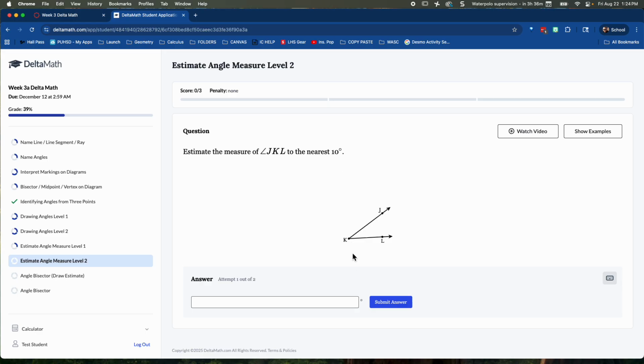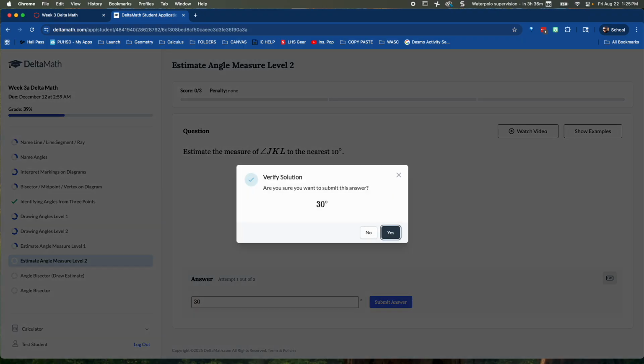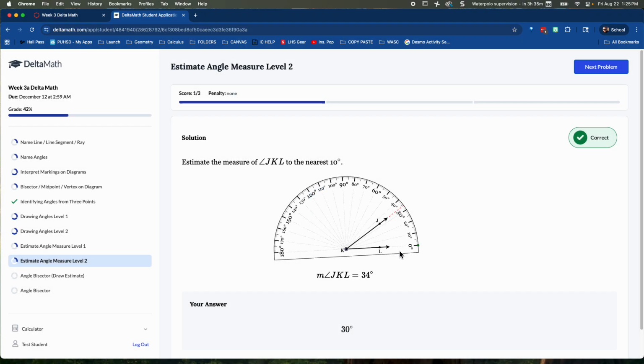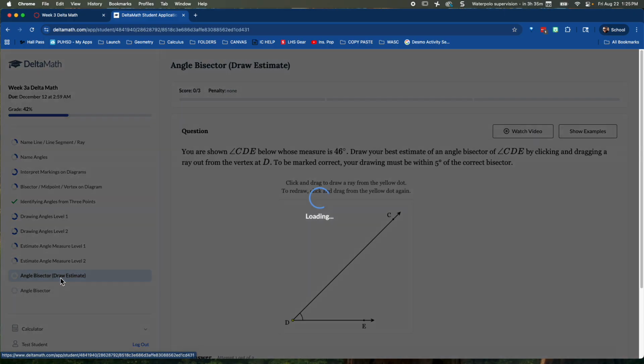So 90 degrees would be perpendicular. Halfway to 90 degrees would be 45. This looks like maybe 30. Let's try 30. It's a little bit less than 45. And it was. 45 was about there, halfway to perpendicular, and it was a little bit less than that.